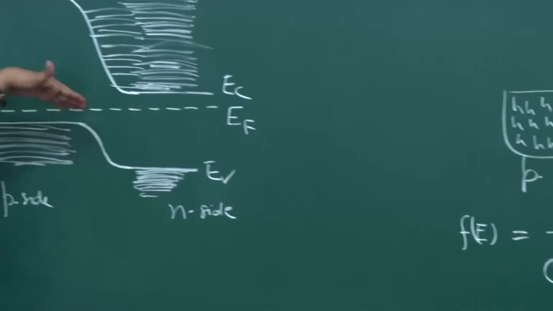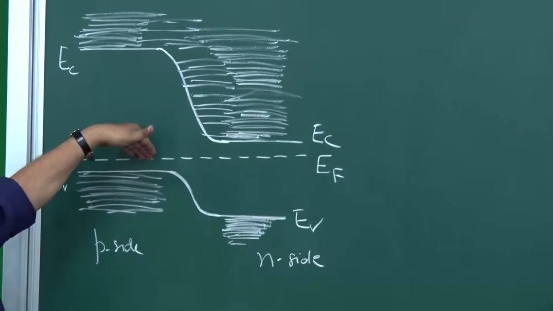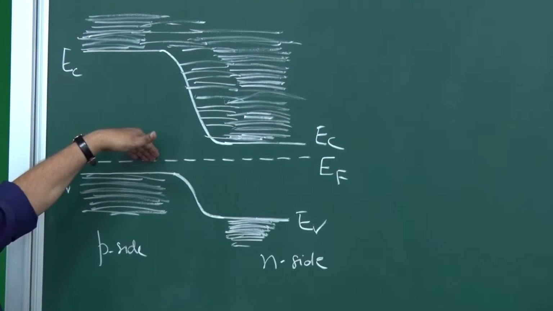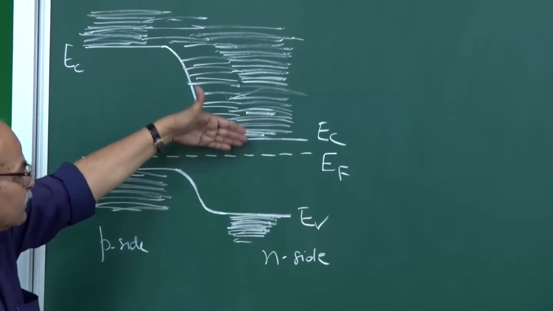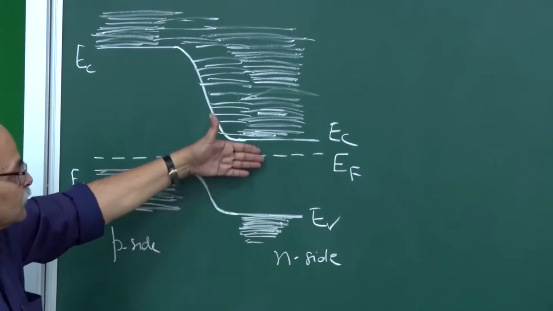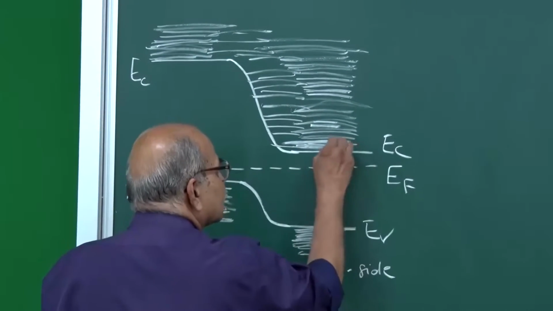So, if you are right here, there is no quantum state here, but if there were a quantum state here, the probability would be half. And then for example here, or here, you can ask what is the probability that there is an electron here.